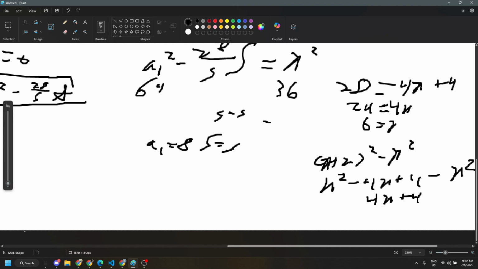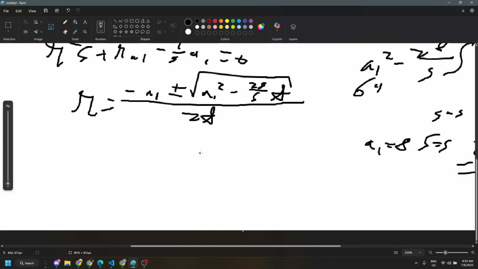I don't know if s can be less than a1, depends on what r is. So s is 5, and so this entire thing is equal to 36, right? Let's just check that out. It'd be 64 minus 28 over 5 times 5, which is 28, so 36.